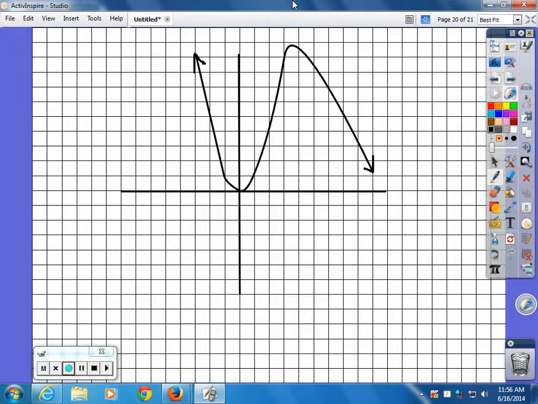You can also say all real numbers for both. Because this arrow keeps going, all the y's are taken up too. Domain is all real numbers, range is all real numbers. Either way you want to write it.